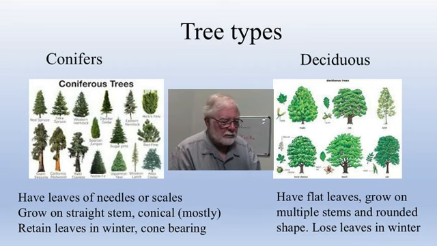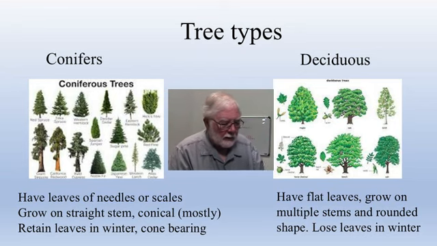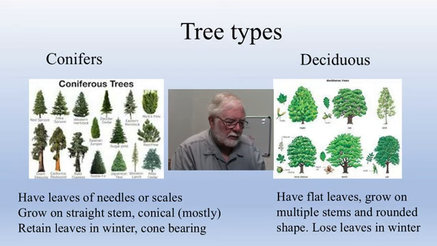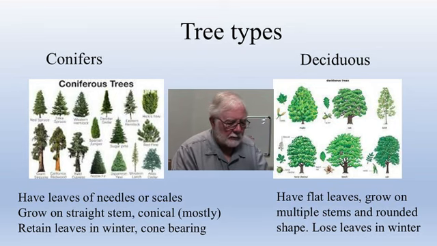In deciduous trees, the leaves are flat, and the tree shape is more rounded, and it has multiple stems or multiple branches that make the shape, and then they lose their leaves in the winter.